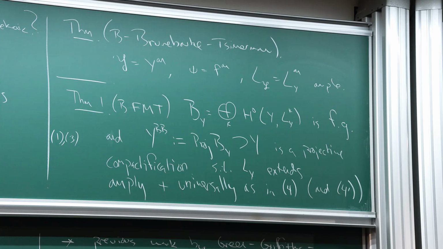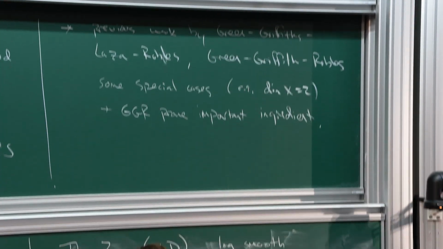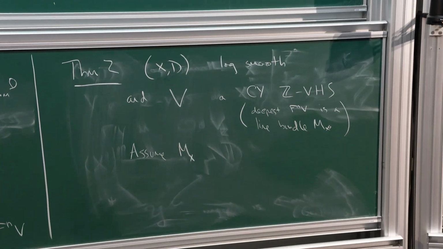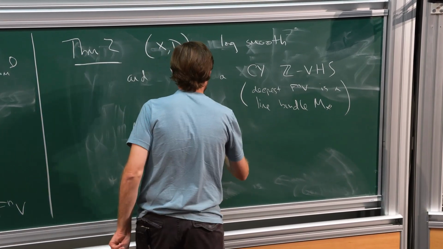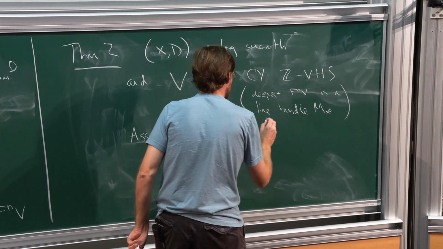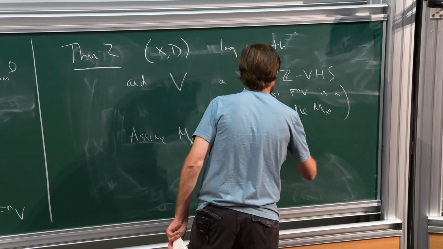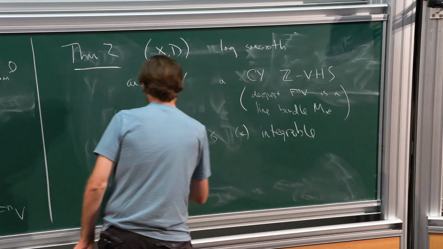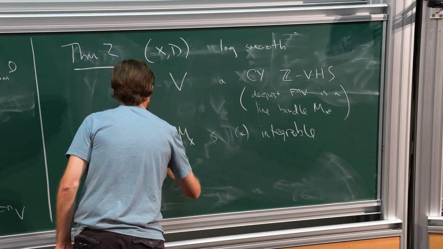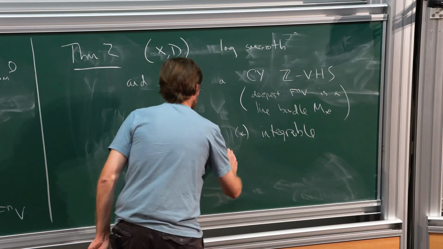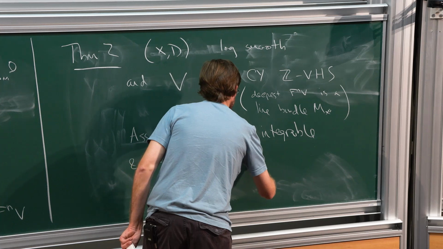Assume that this line bundle, this Hodge bundle, satisfies two conditions. One, it's integrable, so I'll define what these mean in a second. And two, it has torsion combinatorial monodromy.